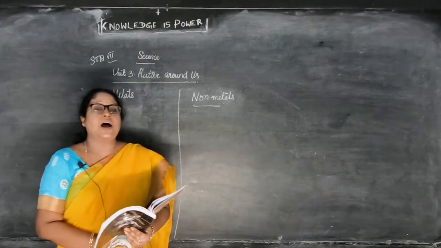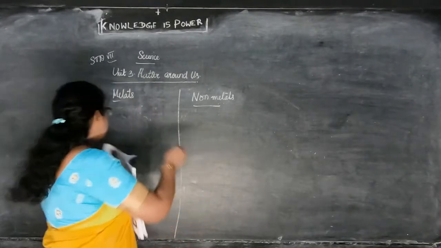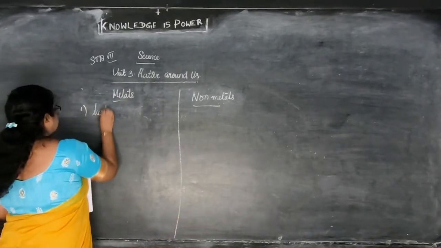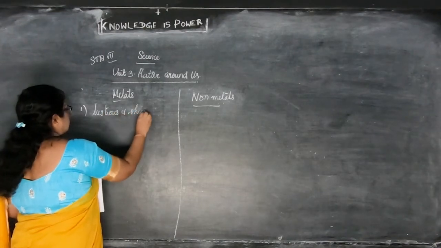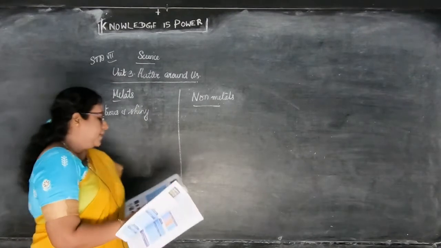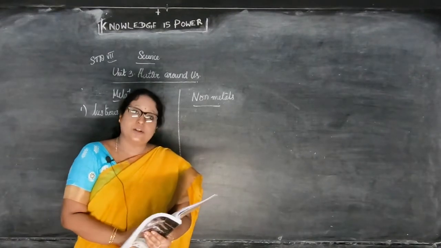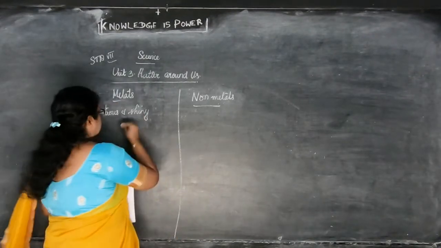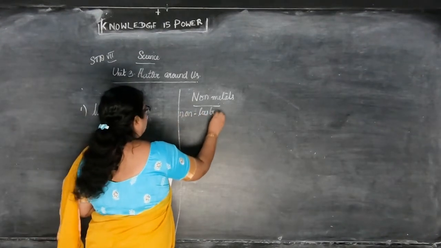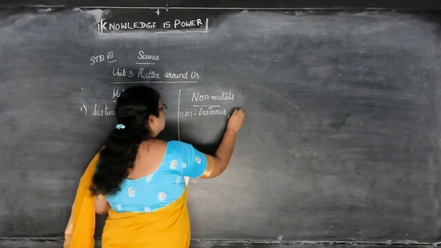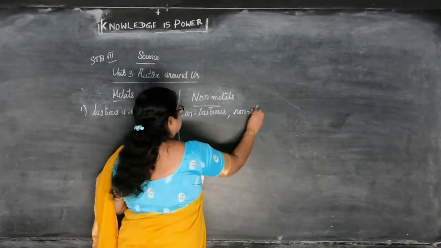That is, they are very hard and shiny. So metals are lustrous and shiny. When compared to non-metals, non-metals are non-lustrous and non-shiny. So metals are lustrous and shiny, while the non-metals are non-lustrous and non-shiny.